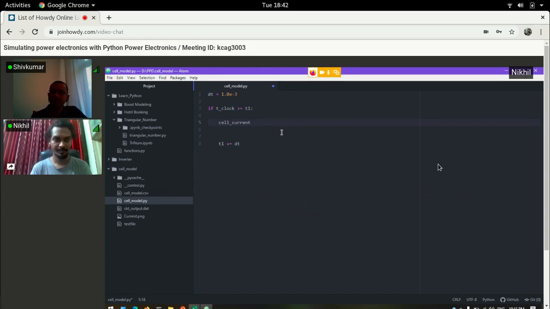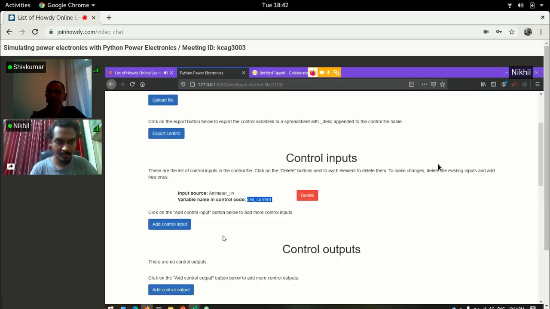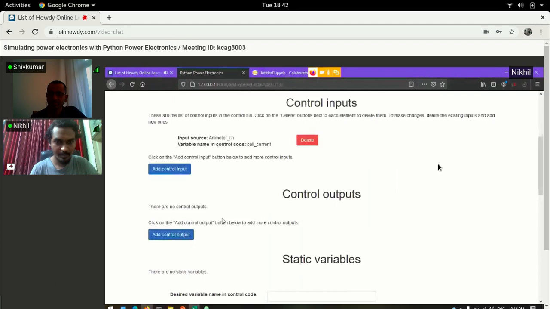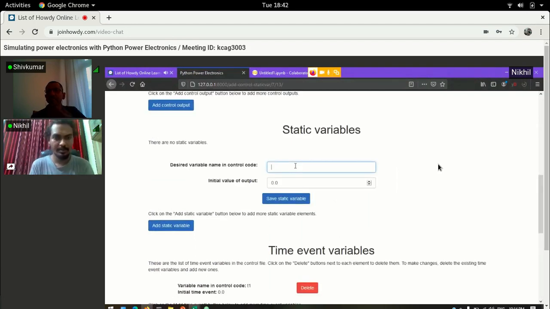What we need to do to integrate this, you know how it is, we have to create a static variable. So for the static variable, you go back to your simulator and define a static variable. The static variable we are creating is to integrate the current, because we are going to integrate the current to get the incremental state of charge, right?